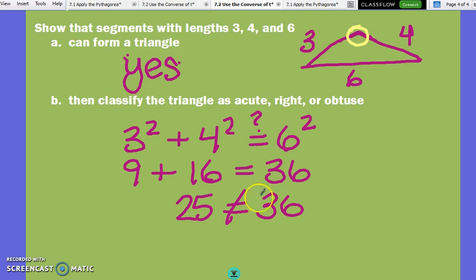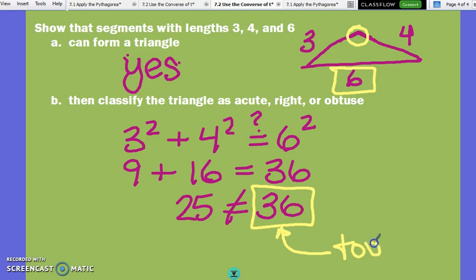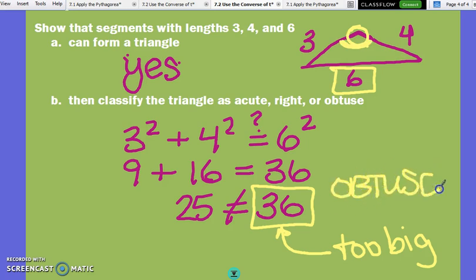You can't always trust the picture, but look at that hypotenuse. This was supposed to be my hypotenuse, but it was not equal to 25. It was bigger. Since my c squared was too big, that's going to open this angle up too wide to be a 90, and that's how we can tell that we've got an obtuse triangle.